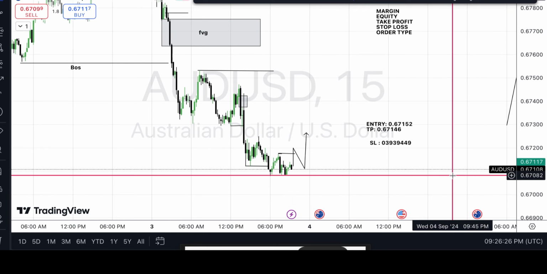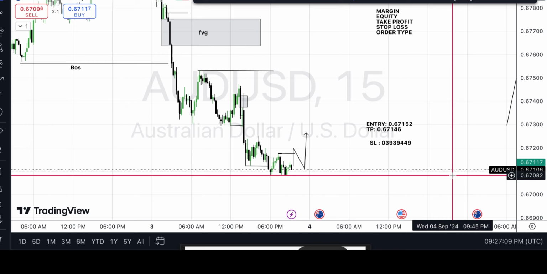There's also what you call stop order. A stop order is an order that becomes a market order when the specific price is reached.